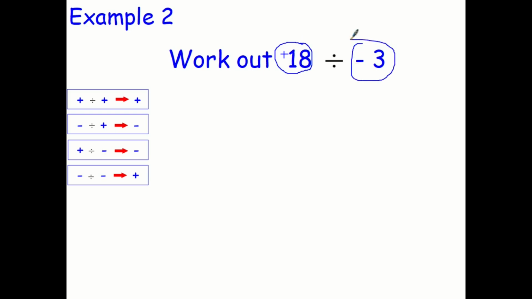So if we're dividing a positive by a negative, then this rule applies and my answer is going to be negative. So let's just do the calculation. 18 divided by 3 is 6, but because my rule tells me that the answer is going to be negative, it's going to be -6.